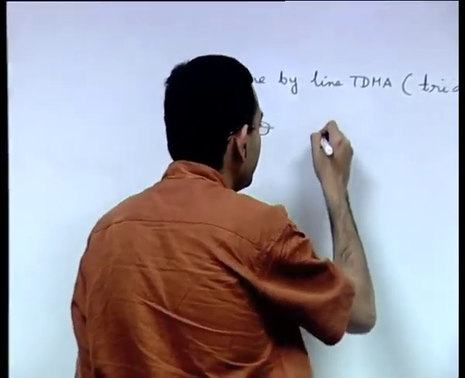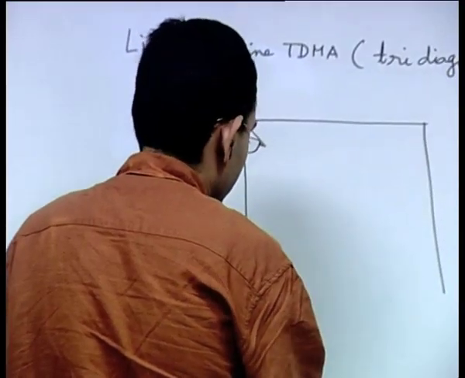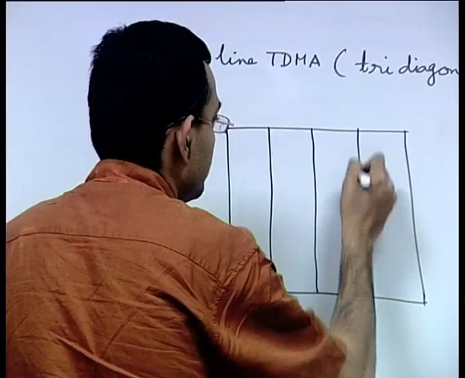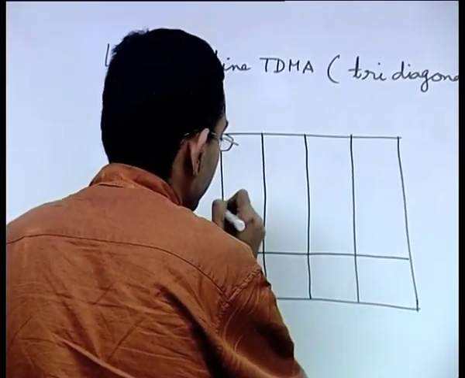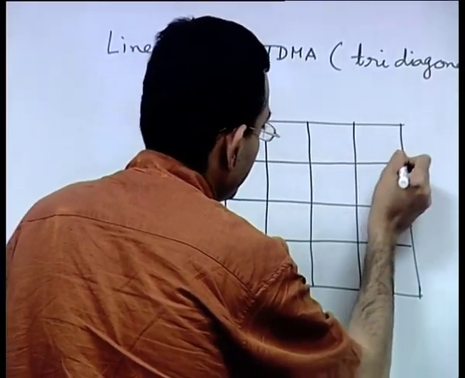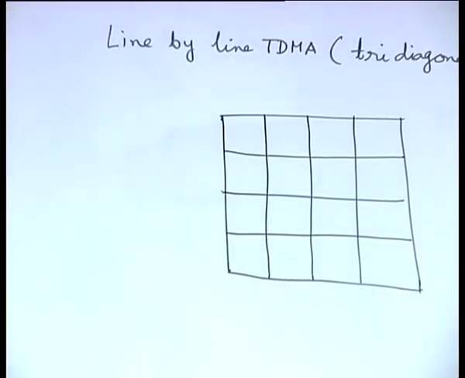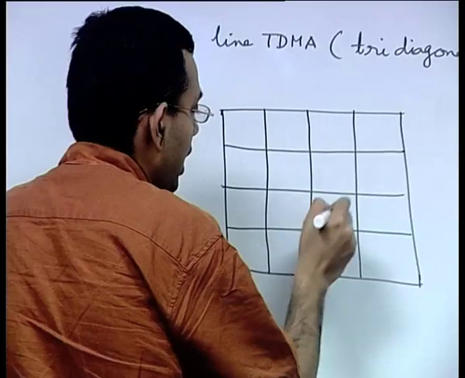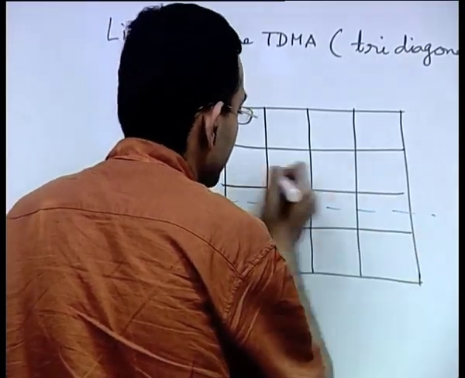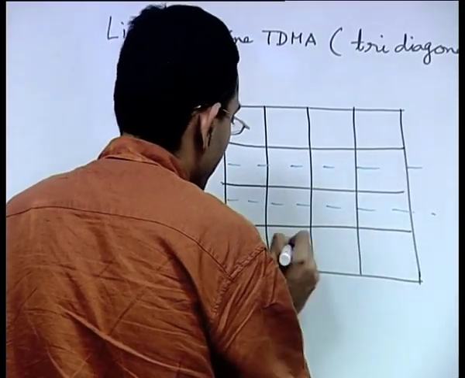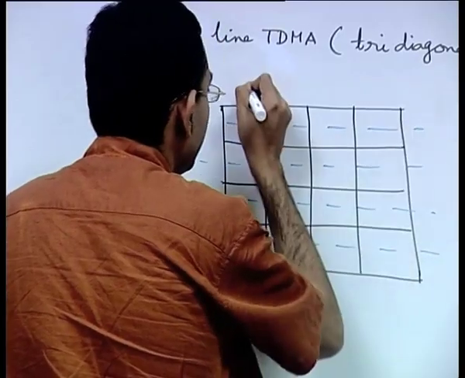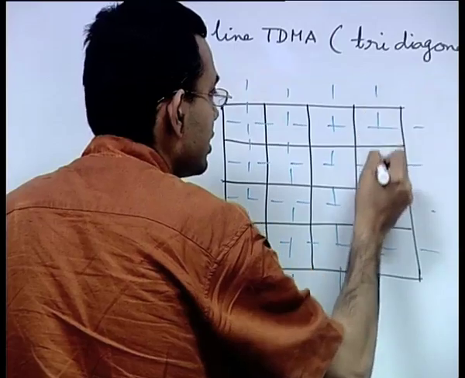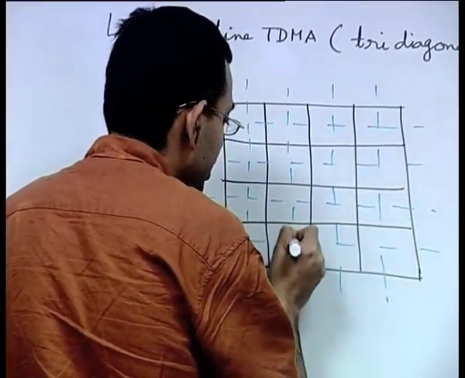If you consider a domain, usually in the finite volume method, if we have the control volumes, then we consider grid lines like this which run midway between the control volumes, and the points where these grid lines intersect are the grid points.